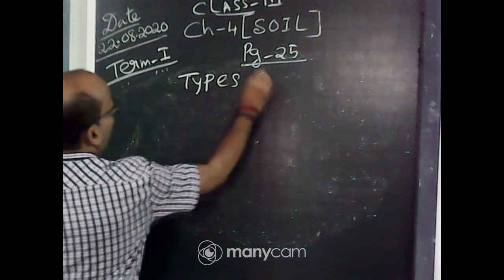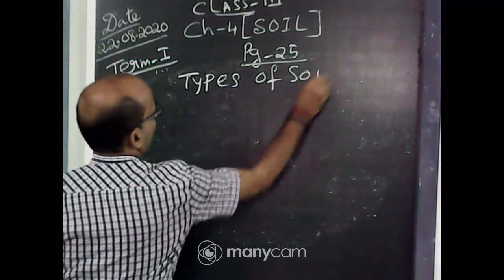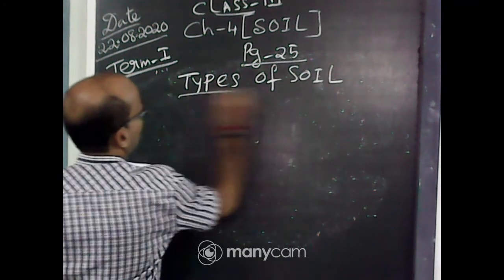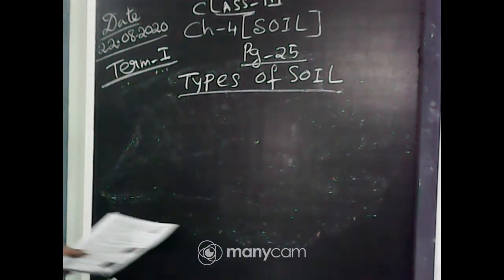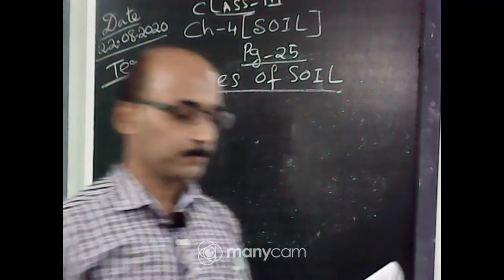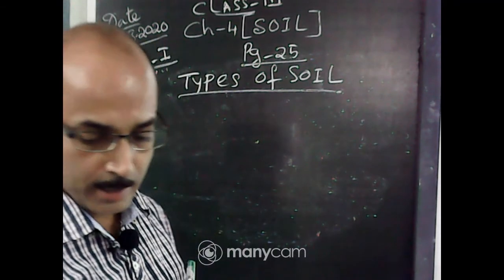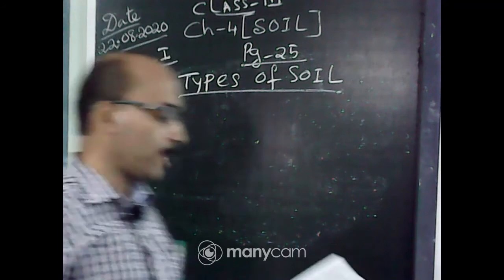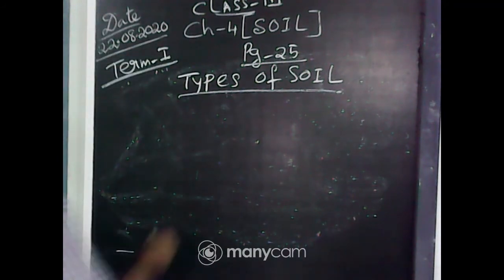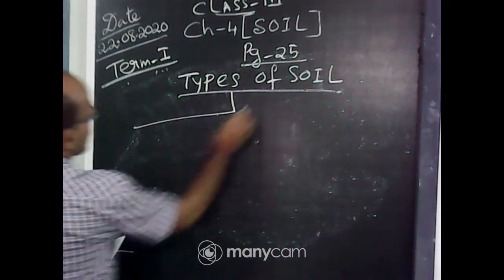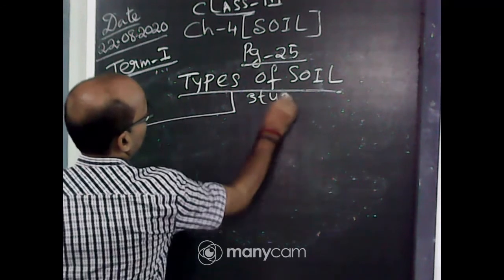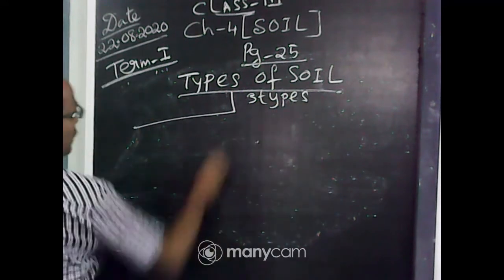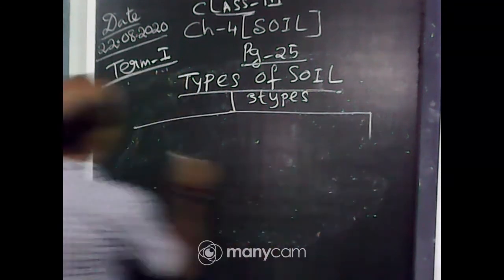Types of soil. Here it has been told that there are mainly 3 types of soil. There are mainly 3 types of soil we will discuss here. It is also given in your book.